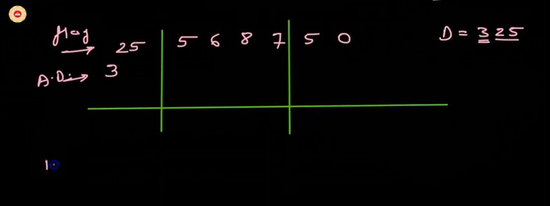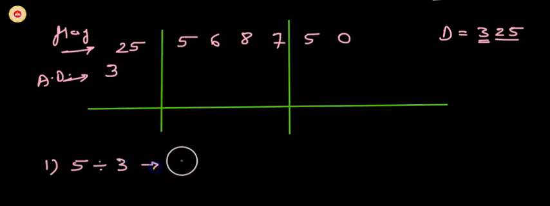Step number 1. Starting from left side, consider leftmost digit 5. Divide leftmost digit 5 by actual divisor 3, which gives us quotient 1 and remainder 2.